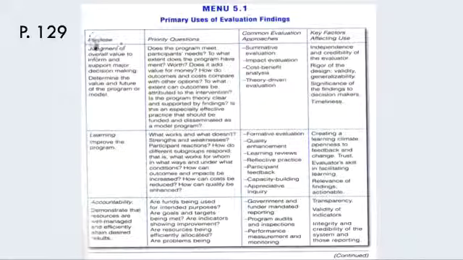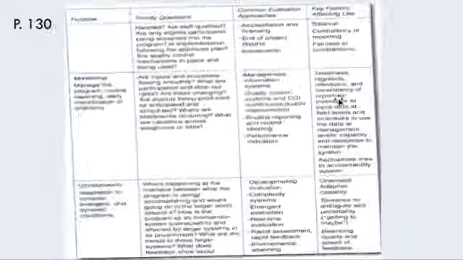So if you use this at the very beginning, especially to determine readiness of whether or not the program is ready to be evaluated, this is a very helpful chart to use with your primary intended users.